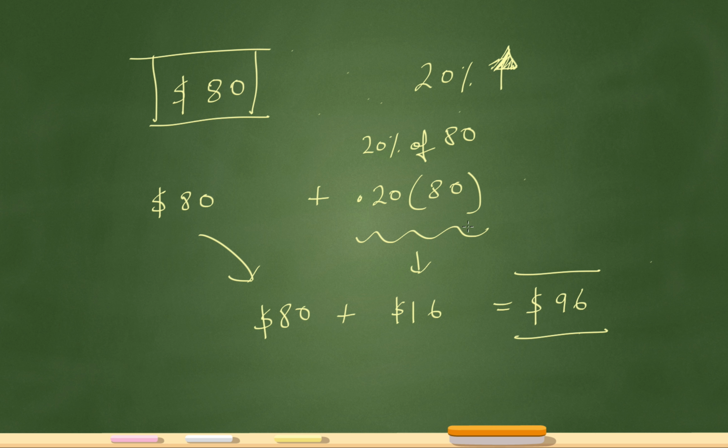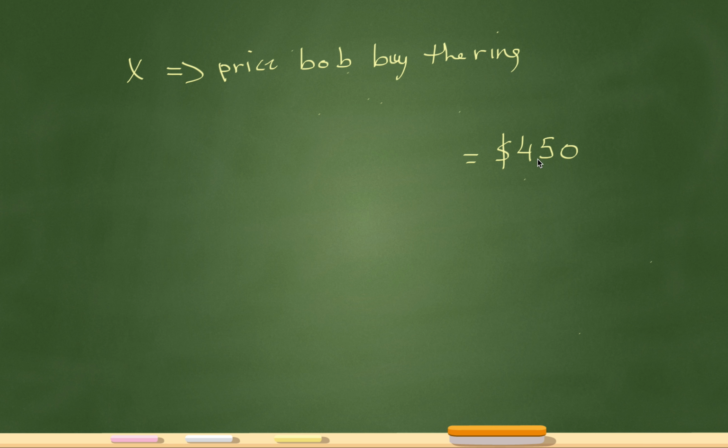All right, so keep this example in mind as I go back to the original problem. Now let's call X the price Bob buys the ring at. We know that Bob puts a 50% markup on it, because the second sentence is saying that the price of $450 is 50% more than it costs Bob to buy the ring.